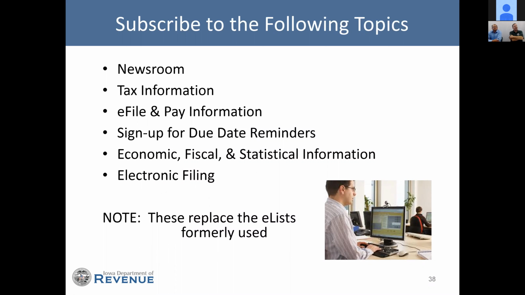I'm going to jump back here and take a couple of questions. When will iowatax.gov be updated with new rules as of July 1st, 2016, defining what is now exempt? I'm not sure specifically what you're talking about. We do have our legislative updates on our website, and that does tell things of new legislation. There wasn't a huge amount of new legislation this year, but there is some information out there.